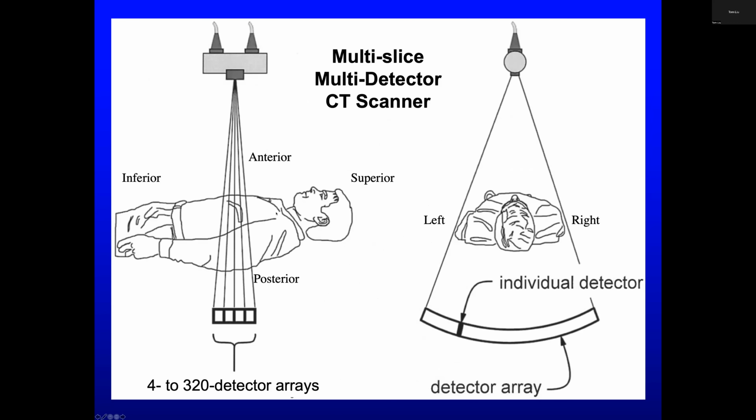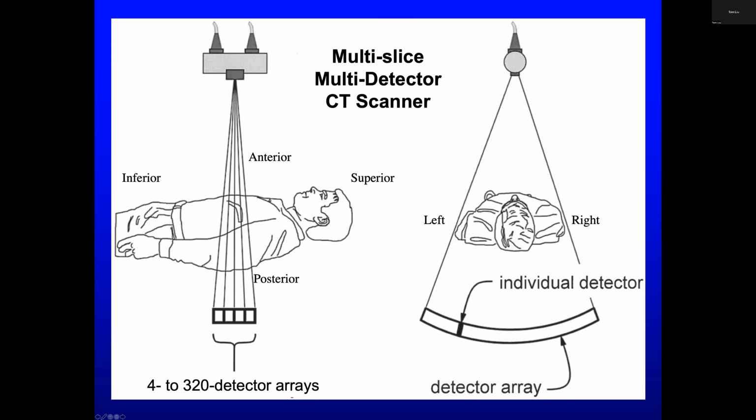The next way of increasing the amount of data, now I have, say, 1,000 detectors here, and I shine X-rays here. And so I simultaneously get 1,000 points. I can also stack them in the Z direction. So head to foot, I can stack a whole bunch of detectors that way and just keep doing that, right?